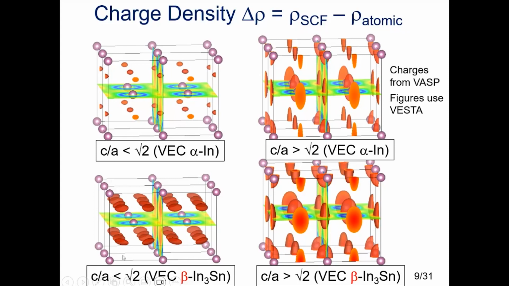What about the other case? Well, let's now take a small C/A. So this is a C/A typical of the beta structure. Take this small C/A, but now we have the valence electron count of 25% tin. And notice where the charge is located. So let's look, say, at this bond stretching from the upper right-hand corner of the cell down to the body center. This blob of charge density sits exactly along that bond.